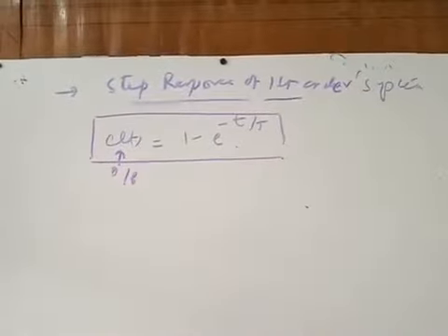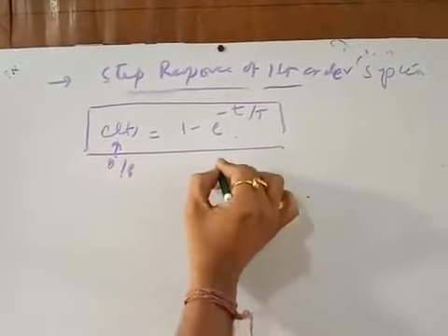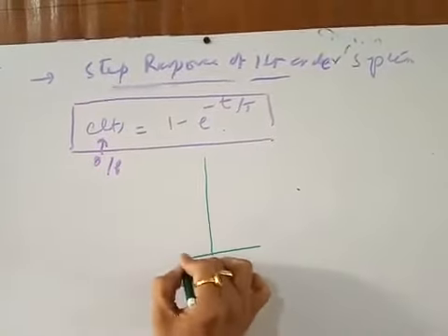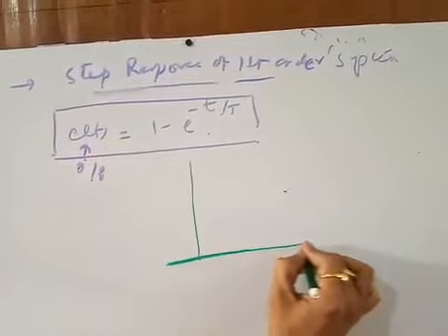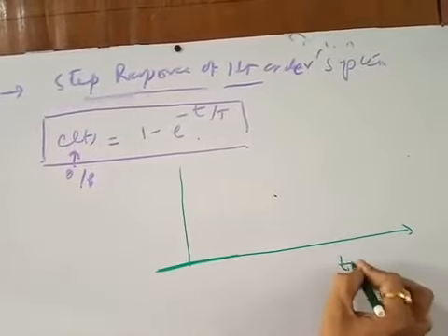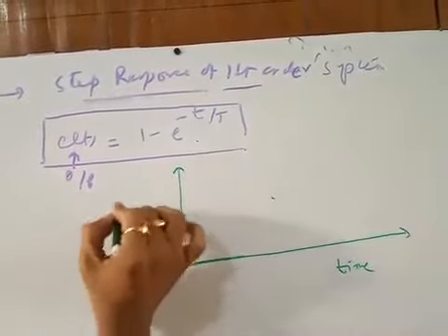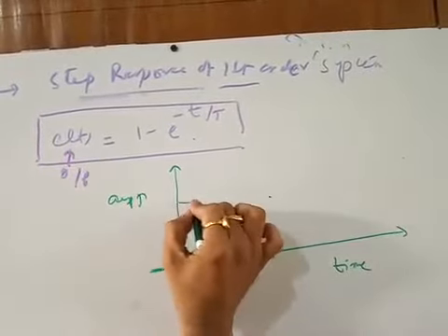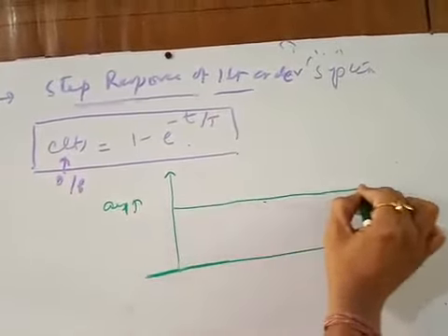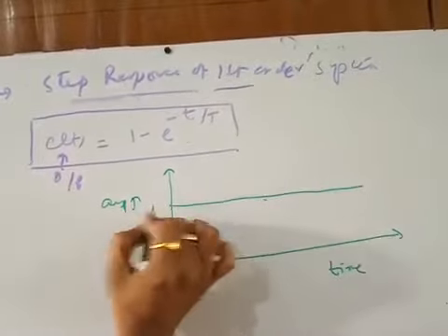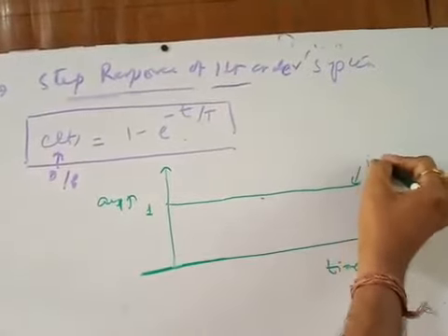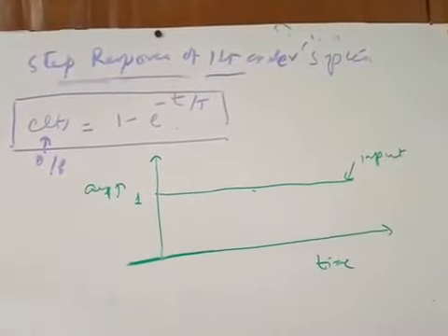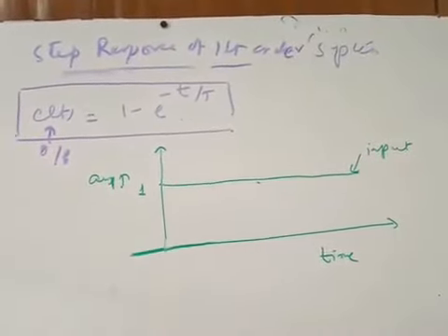Now if I draw the graph, this is your time, this is your amplitude, and as we are dealing with the step response, this is 1 and this is your input. The output should follow the input.